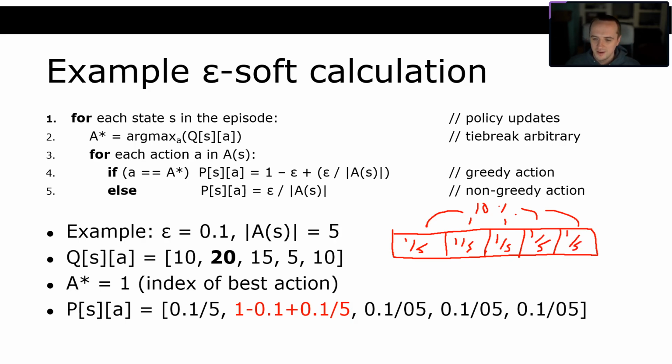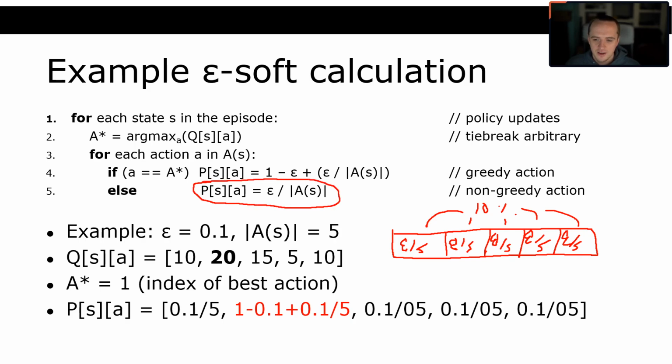Oh, sorry, 1 over 5 times epsilon. So this is epsilon over 5. It's a 1 over 5 chance of selecting each action times epsilon. So this would actually be epsilon over 5, epsilon over 5, epsilon over 5, epsilon over 5. Sorry, that's a little bit hard to read there. So this is this part right here.